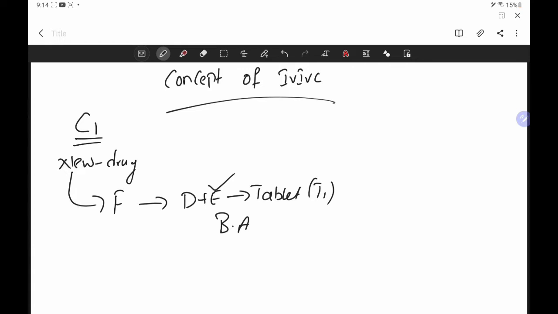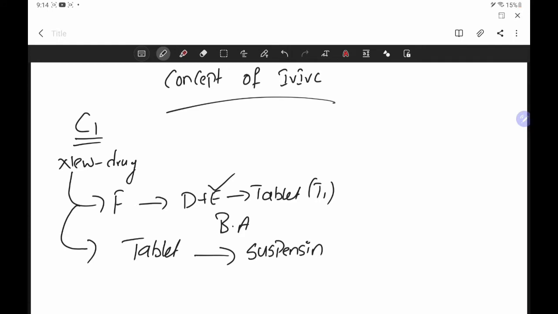Next, let's say this company wants to change the dosage form from tablet. One dosage form is available as a tablet. They want to go for suspension. This company thought so because they want a liquid dosage form, and the drug present in the tablet is not soluble, hence they went for the suspension.